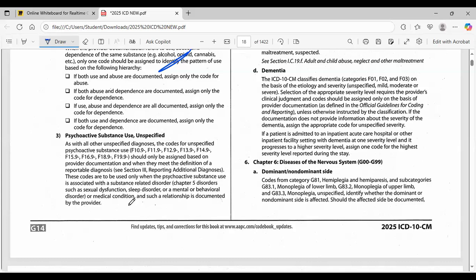If the patient does not have any medical or behavioral disorder, in that case we will not use psychoactive substance use, because that's not the disorder. If the patient is getting any disorders due to that, only in that case you have to use a psychoactive substance use code, else you will not use that code.